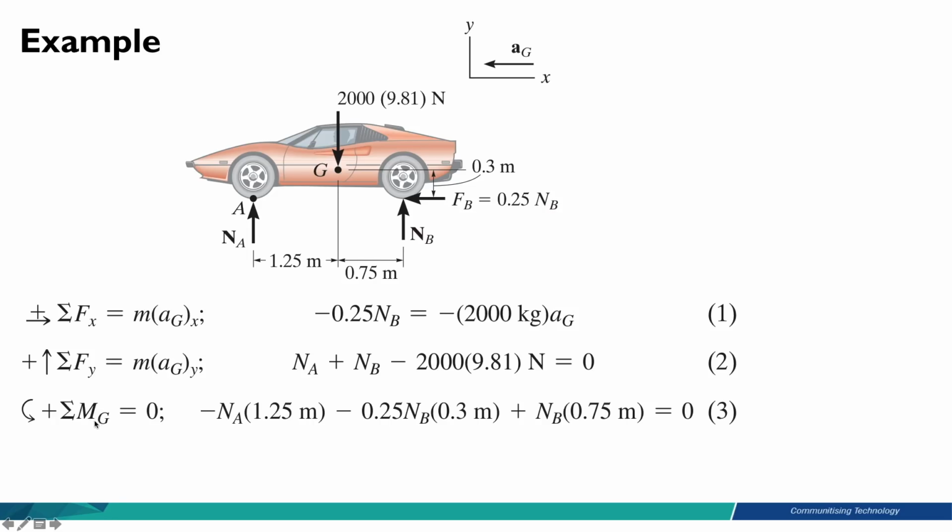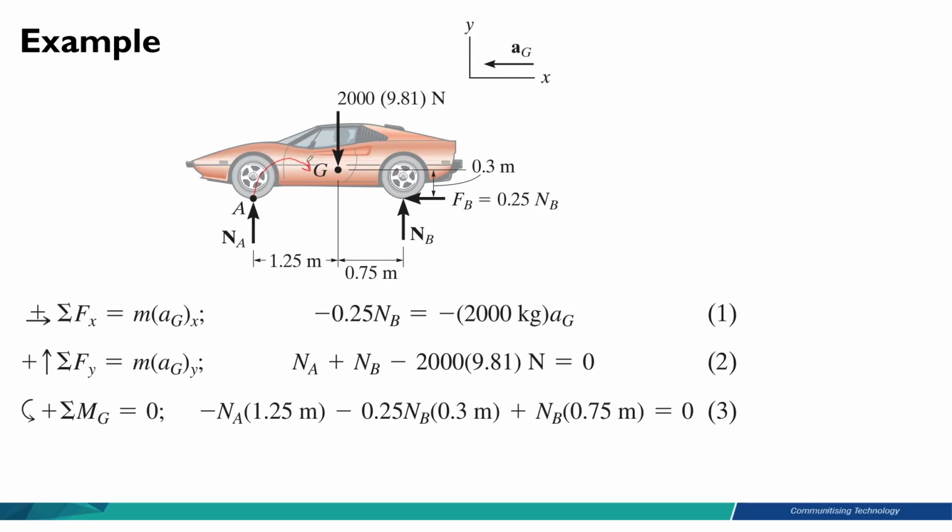So when you sum moment about center of gravity G, remember that moment is force multiplied with distance. And we always take counterclockwise as positive, remember. So for Na here, Na is in this direction. To go to G, it will have a rotation in this direction.